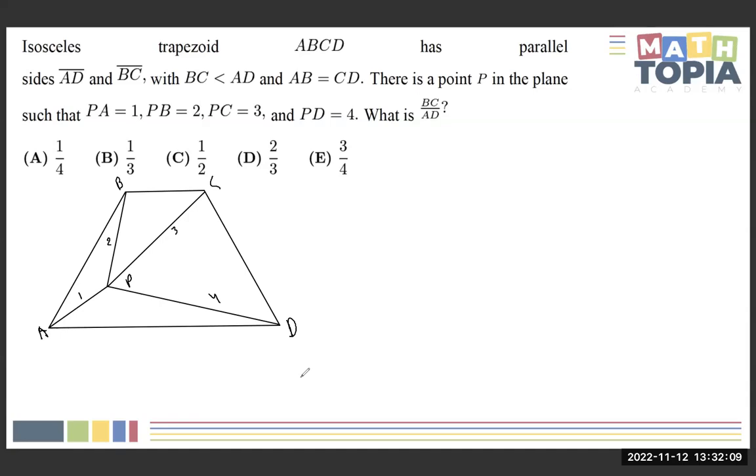What is important about this problem is that it is an isosceles trapezoid. So it's the fact that AB equals CD, and the fact that BC is parallel to AD. That's the thing about an isosceles trapezoid. So it might help to try and draw the parallel line through P.